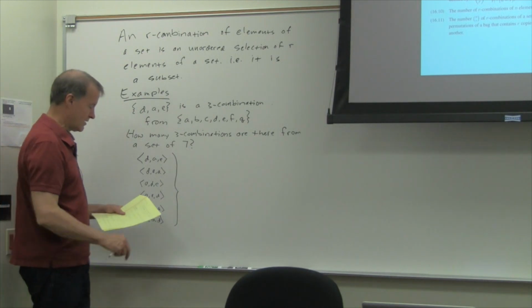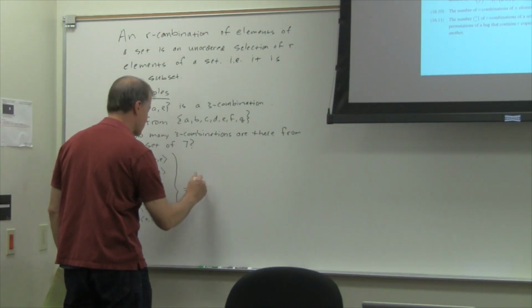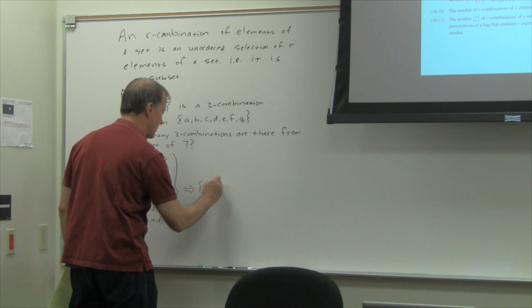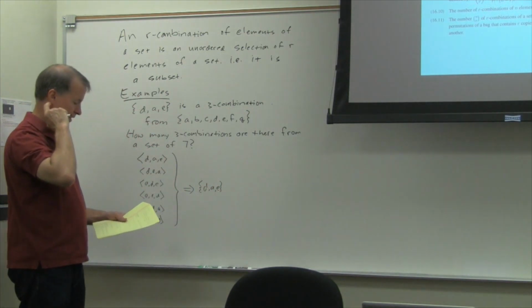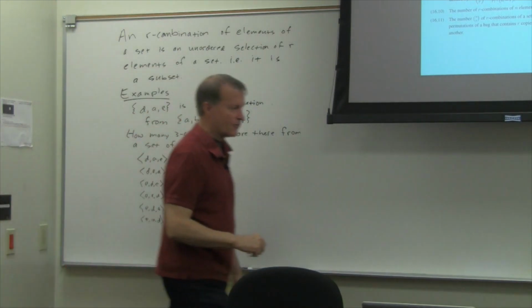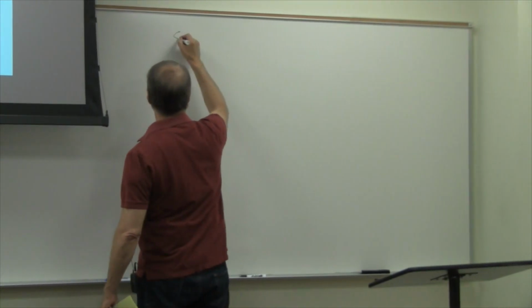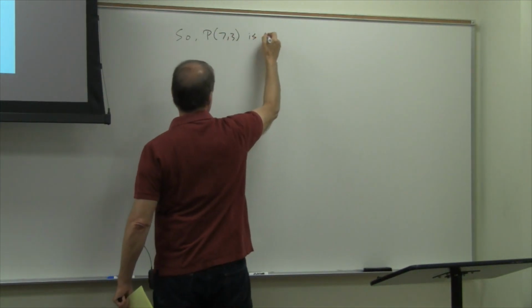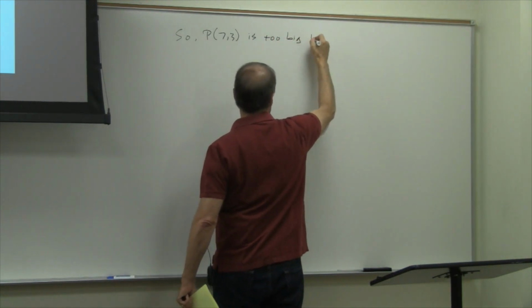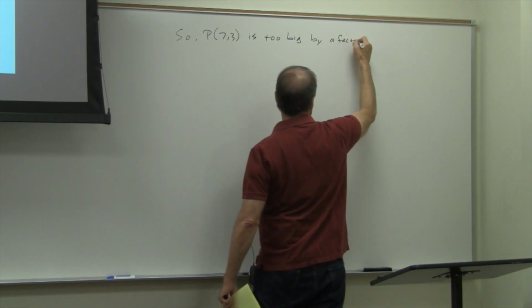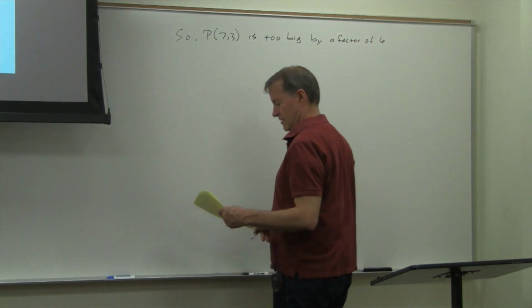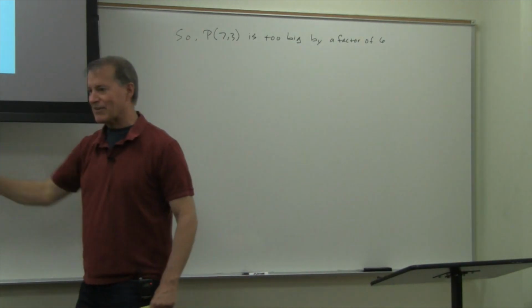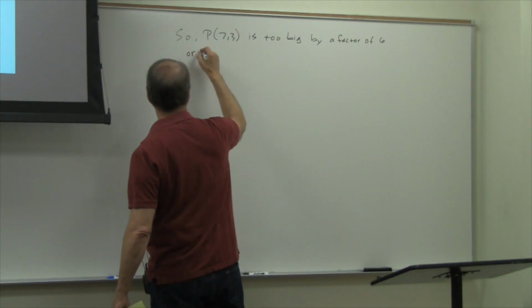So P(7,3) is too big by a factor of 6. Where do we get the 6? 3 factorial.